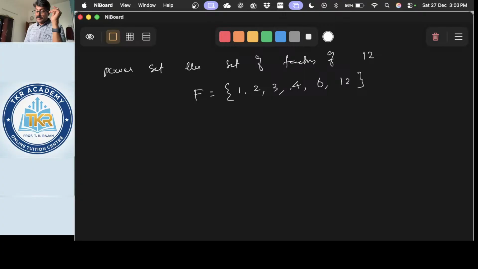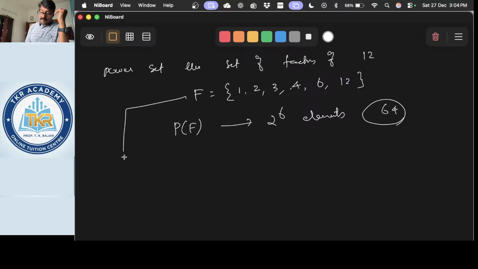So these are the factors 1, 2, 3, 4, 6, 12. How many? 1, 2, 3, 4, 5, 6 elements are there. Then the power set P(F) has 2 raised to 6 elements, that is 64 elements.